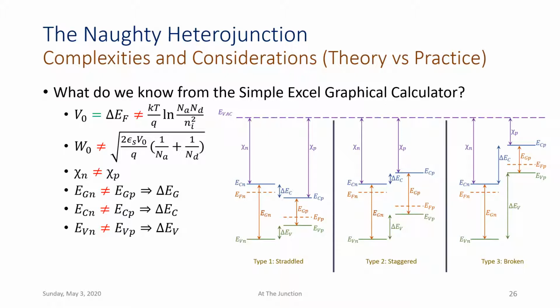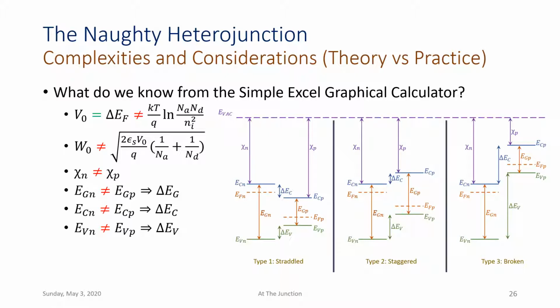There's an electric field, there's a potential that's caused because of the electric field, and so the energy band diagram of the p-n junction forms. But in case of a heterojunction, we can quickly see from the figure on this slide that there could be three scenarios.